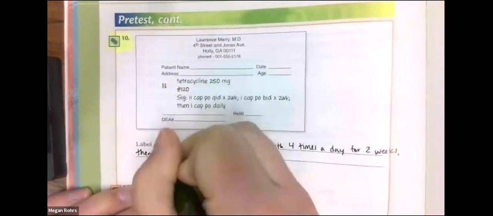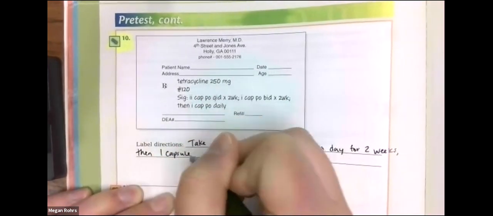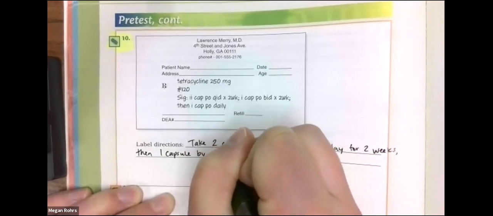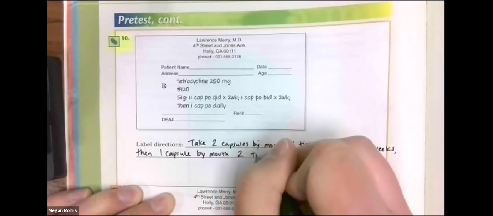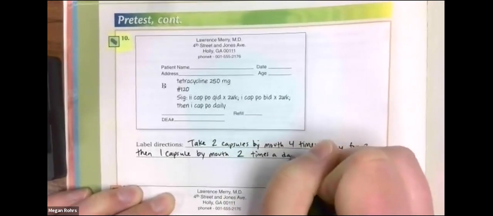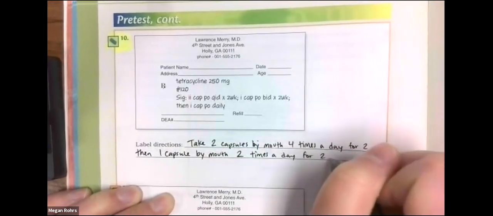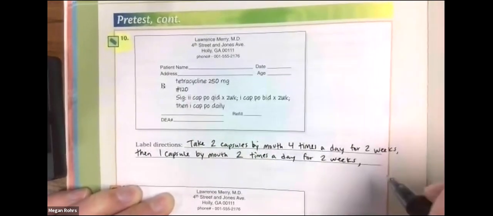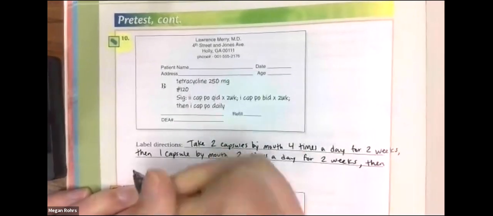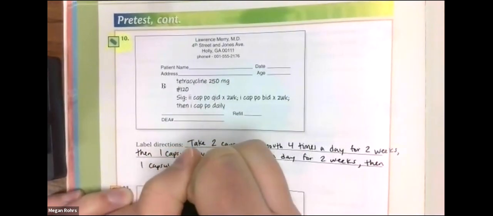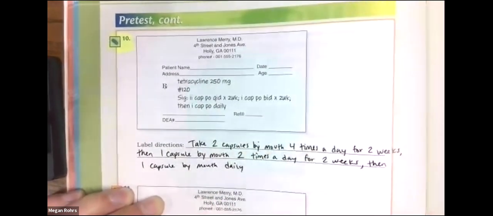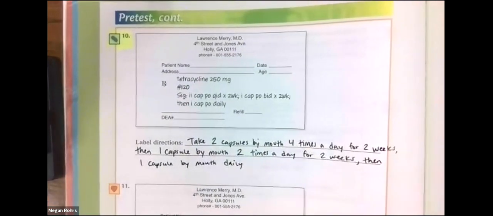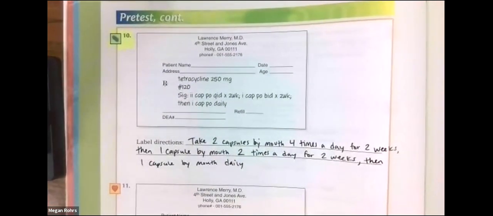Then 1 capsule by mouth twice a day or 2 times a day for 2 weeks. Then 1 capsule by mouth daily. So pretty long sig there, but once again, write it all out fully in words.